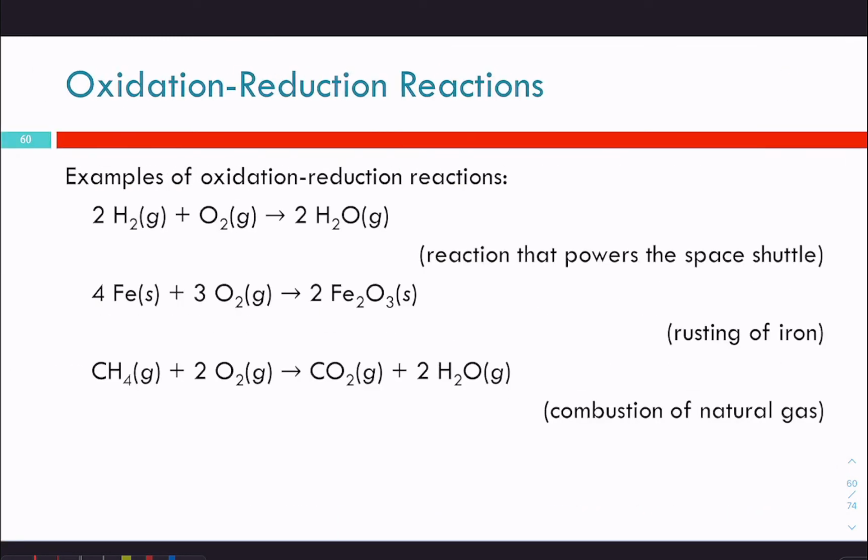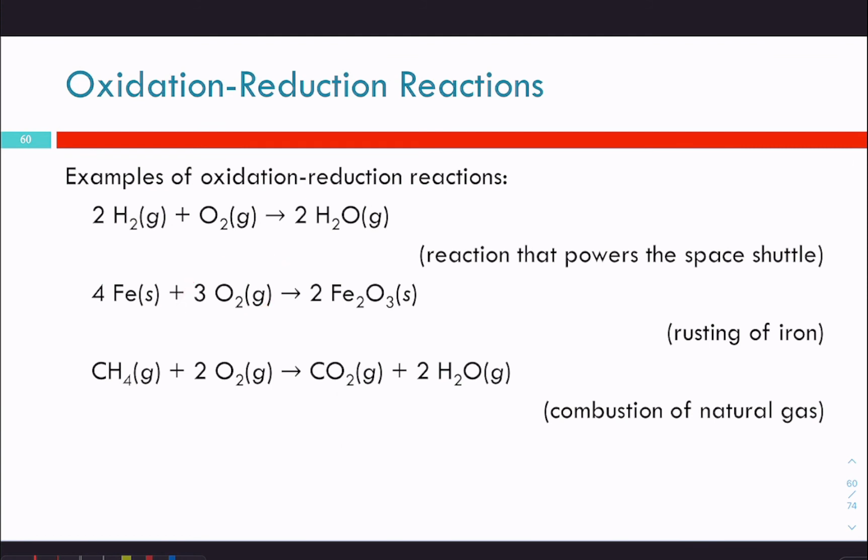So there's a couple examples. So hydrogen reacting with oxygen. This is the reverse of that 9-volt battery and saltwater reaction. It's actually what powers the space shuttle. Not all space shuttles, but another one would be rusting iron. So iron reacting with oxygen.